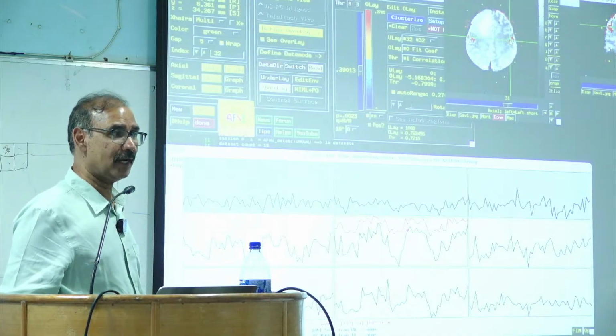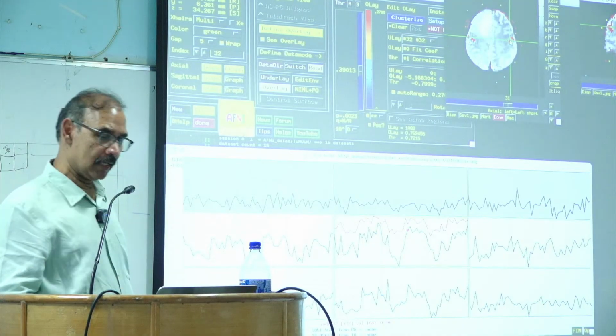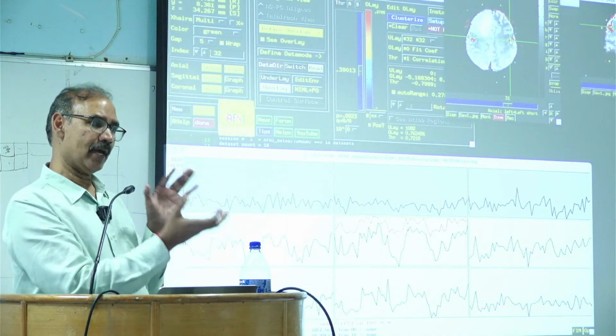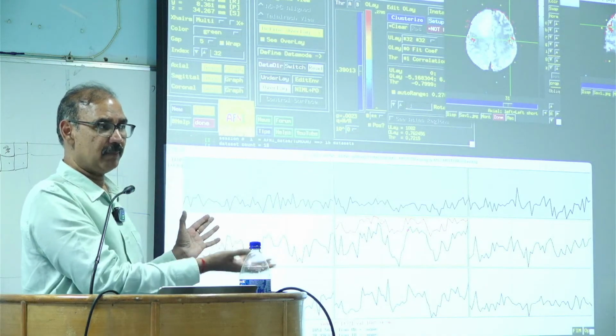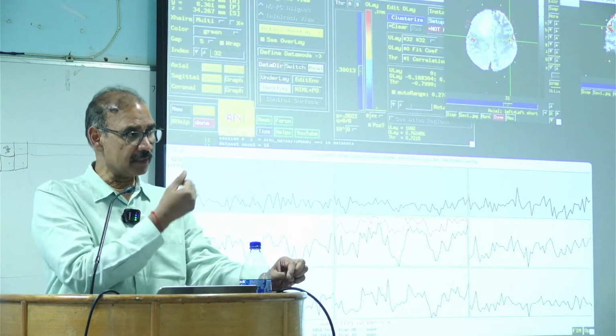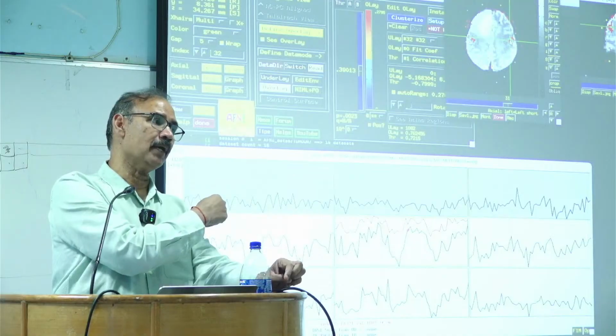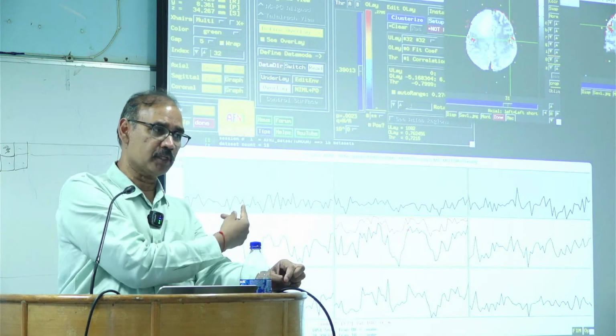Maybe, maybe not, right? So even if 5% has good activation, for the rest 95%, if the respiration signal is there and contributing, that would be the main component, right? And not this one, right?